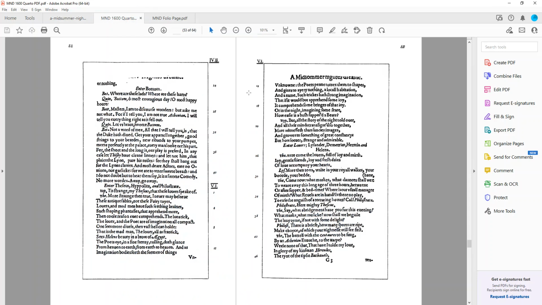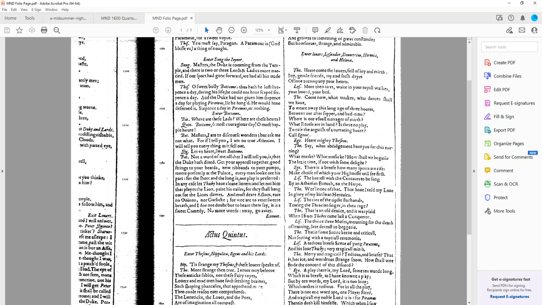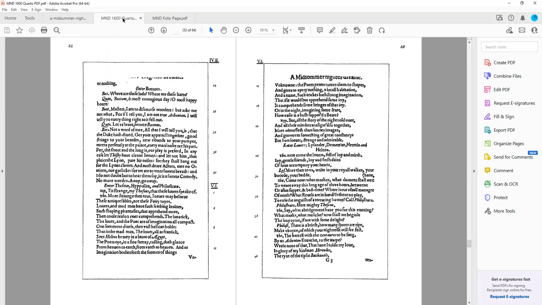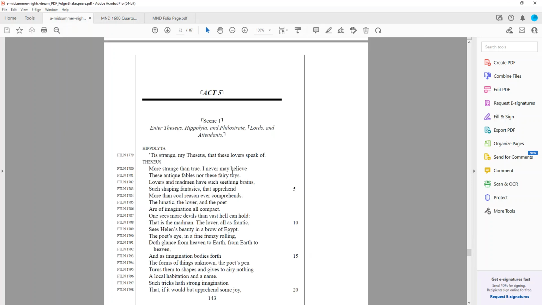So they looked at, say, this quarto version, and then the folio version. This is the Midsummer Night's Dream folio version. They looked at what they consider to be the most accurate, authoritative texts available, the original ones, and then they construct an edition for their purposes and for their audience like this, okay?